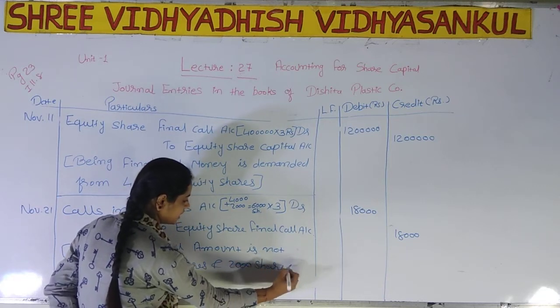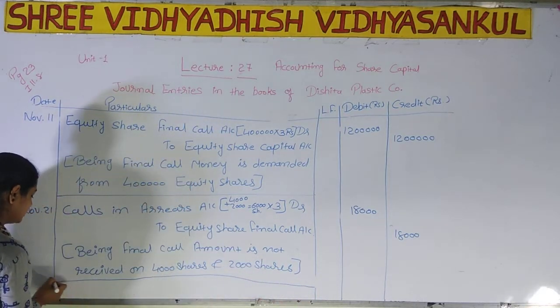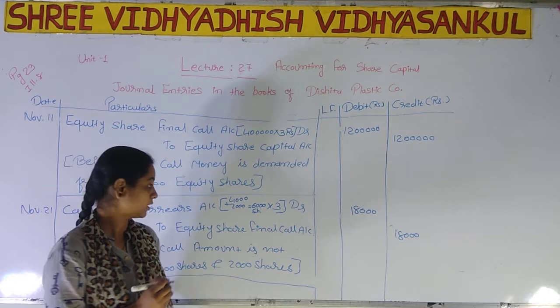Because the name is not given here, that's why we have written shares. Bracket over, underline with pencil, right?